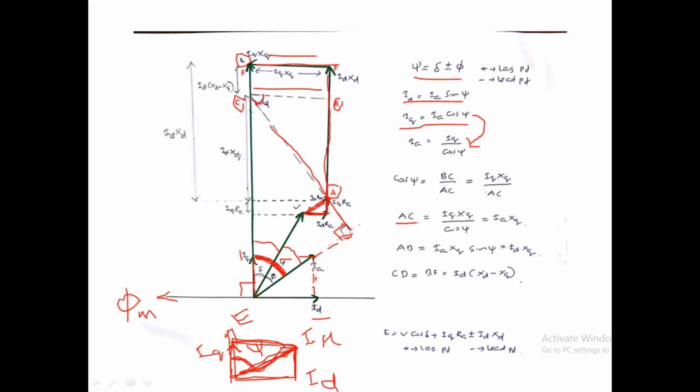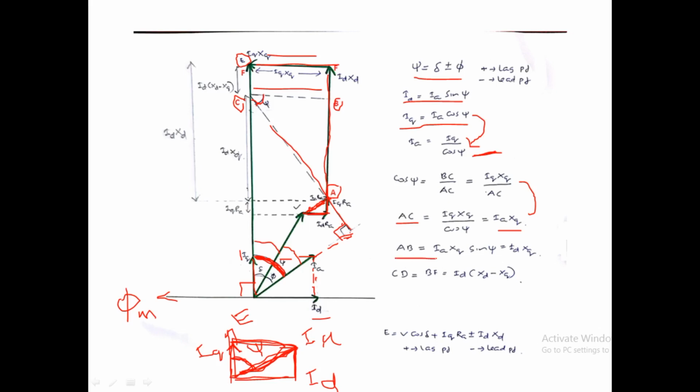Now AC equals Iq into Xq divided by cos psi. From this relation you can derive this. We already discussed that Iq divided by cos psi equals Ia. Therefore AC equals Ia into Xq.